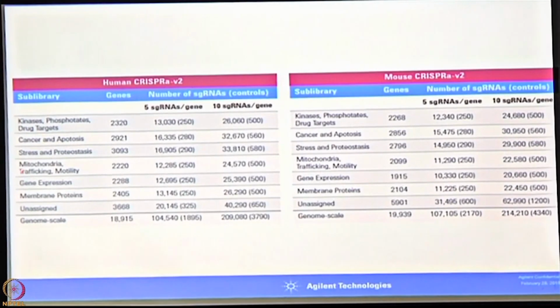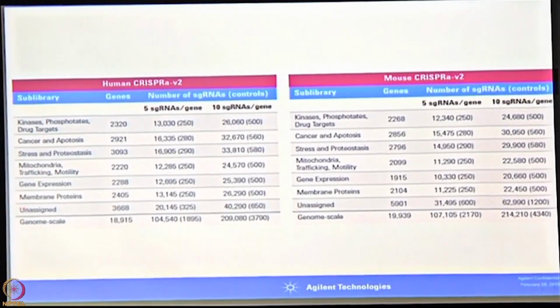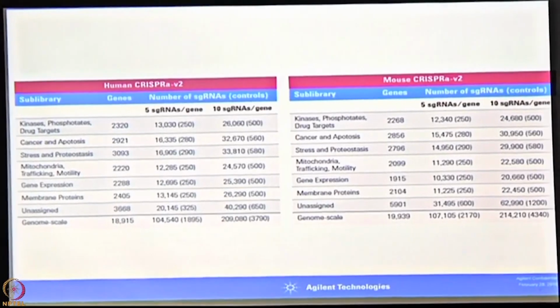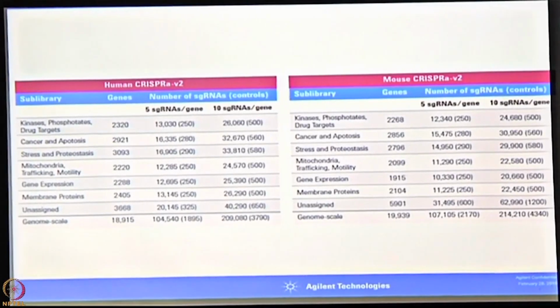There are also multiple panels like mitochondria, gene expression, and protein membrane that we have already cataloged. You can use those. But how it's going to work and how it's going to screen is a little difficult task.